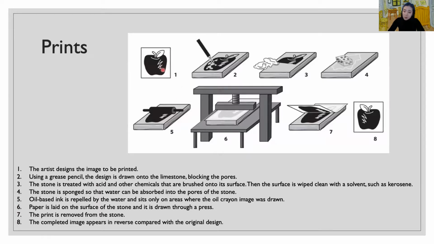So the artist designs the image to be printed like this. For lithography, in a traditional way, most artists use limestone for the print, and they use a grease pencil to make an image on the plate like this.